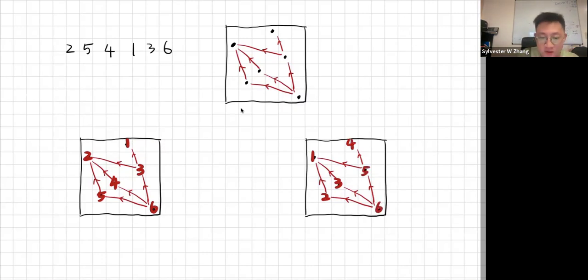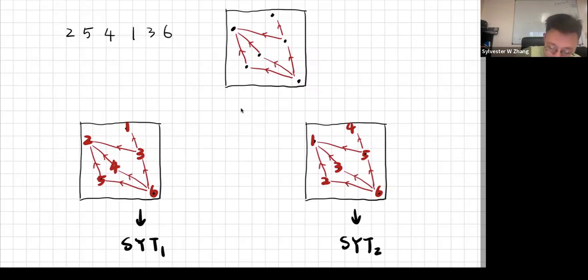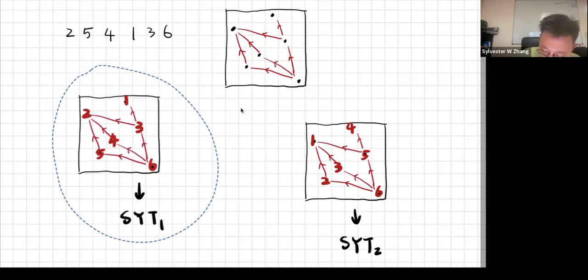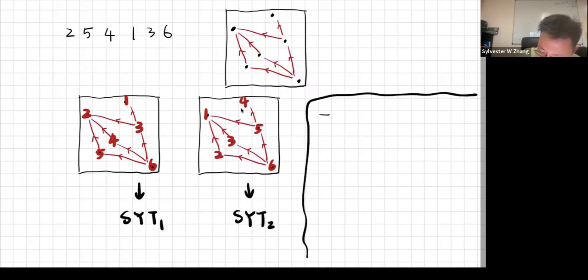So I have two linear extensions, and the previous theorem says that for every linear extension, you can turn it into a standard Young tableau. So here I get standard Young tableau 1, here I get standard Young tableau 2. And then there's another theorem, which I believe is theorem 4, which is going to be the following.